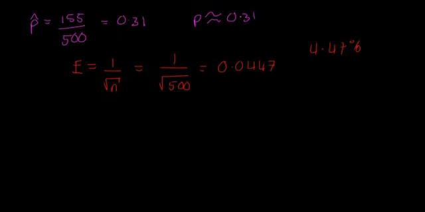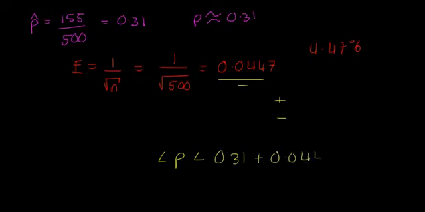So we'll scroll down. Those are our numbers. So this error here, 0.0447, could be plus or it could be minus. So it could be 0.31 plus this, or 0.31 minus this. The way we write it is we know that P lies somewhere between 0.31 plus 0.0447.